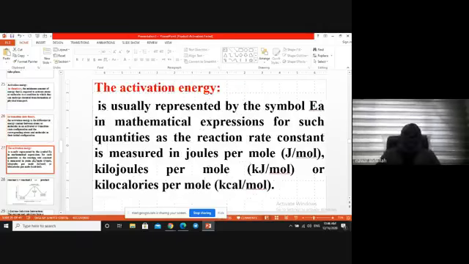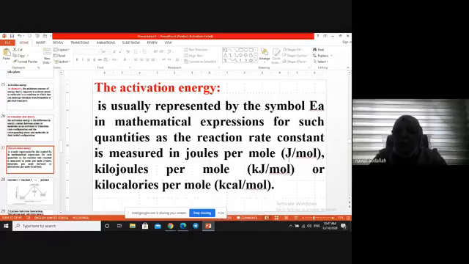Activation energy is usually represented by the symbol capital E, small a. E refers to the word energy, and small a refers to activation. In mathematical expressions for quantities such as the reaction rate constant, it is measured in joules per mole.